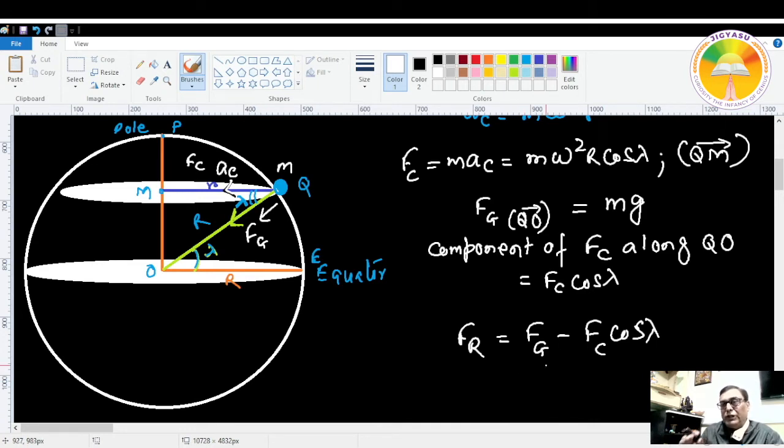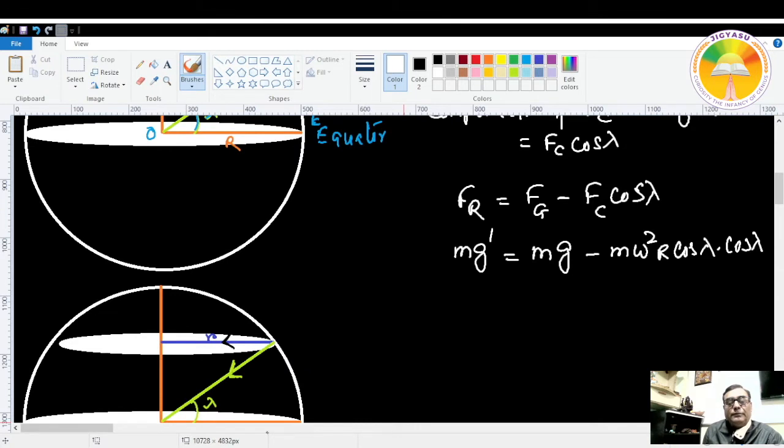Let me repeat. Without centripetal force, mass m would fly off and would not be sticking to the surface. And the Earth is continuously rotating with speed omega, which is constant. So now we can write the equation in the form m g dash, the new value of weight, because we are including the rotational effect in it. mg is the actual weight in case the Earth stops rotating or there is no rotational effect, and Fc we know is m omega square R cos lambda times cos lambda.